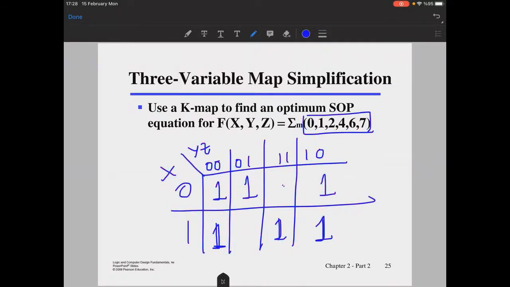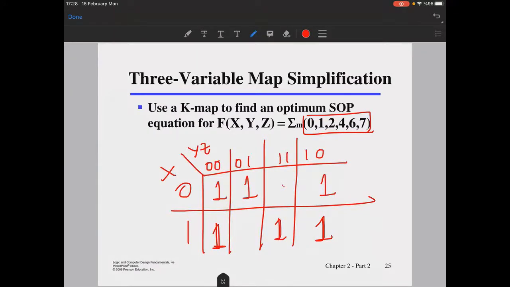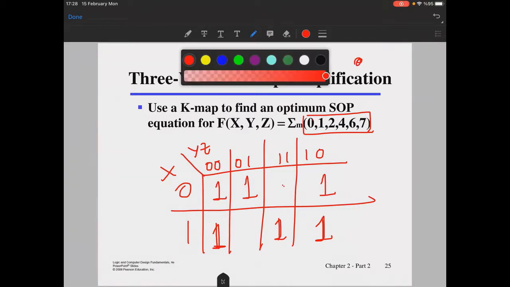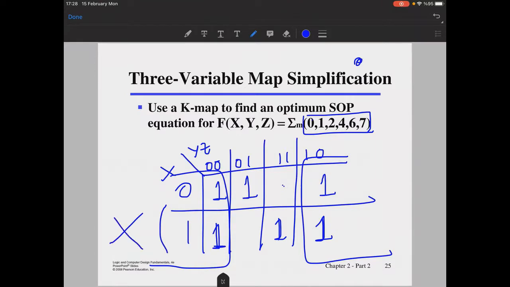So I'm ready to make the simplification now. Can I use another color? No, it's not possible. Anyway, let's try to get the rectangles as large as possible. How about this one first? I labeled this one as X, this one as Y, and this one as Z, right? So this one would be Z naught, plus what else do we have here?